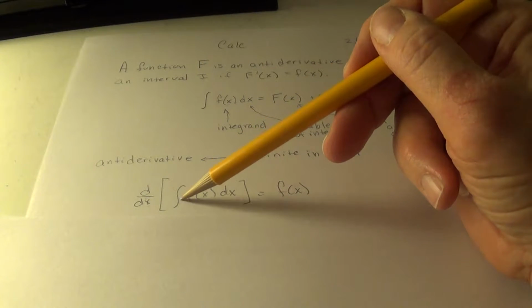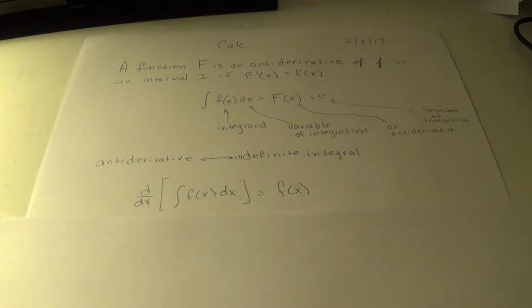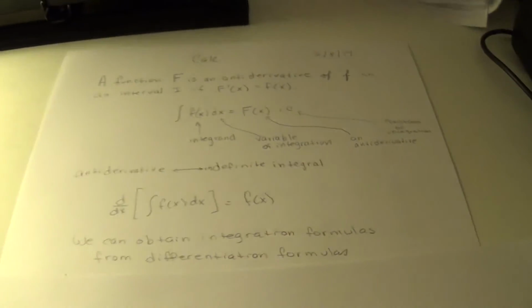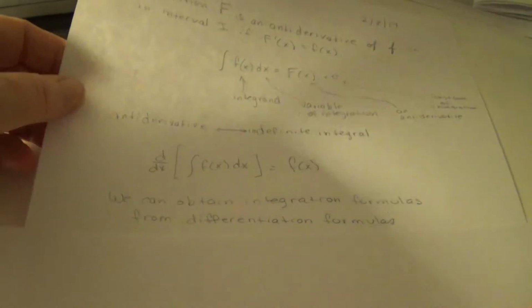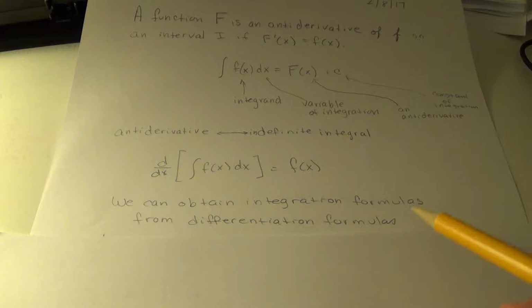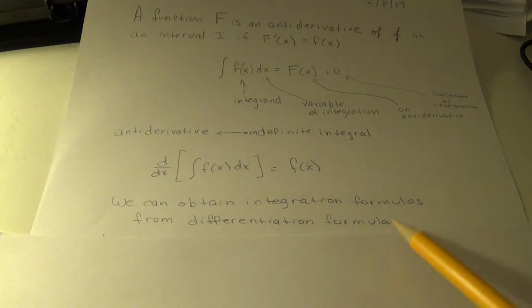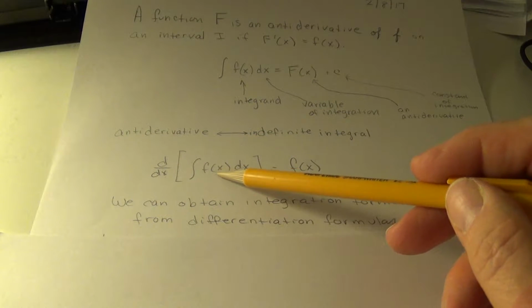It undoes what the integral did, and it gets us back to the original function. So one undoes the other. So we're going to add to our list of integrals, and we can obtain integration formulas from differentiation formulas because the derivative and the integral are so related.